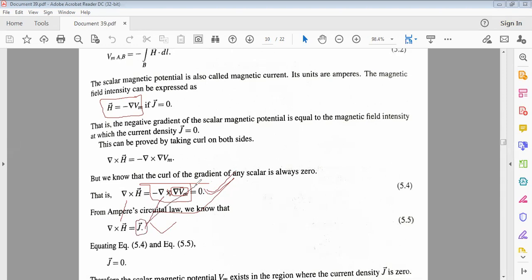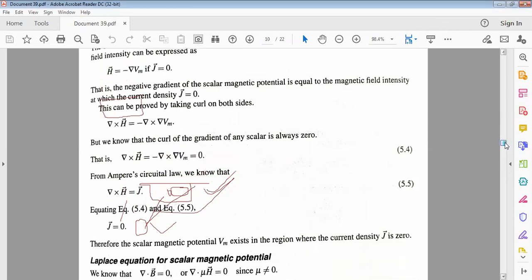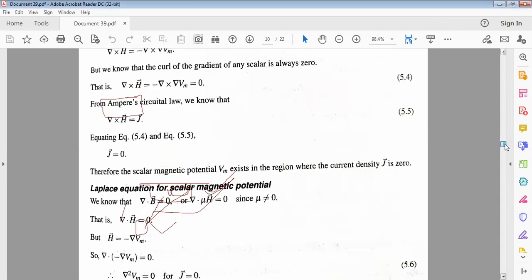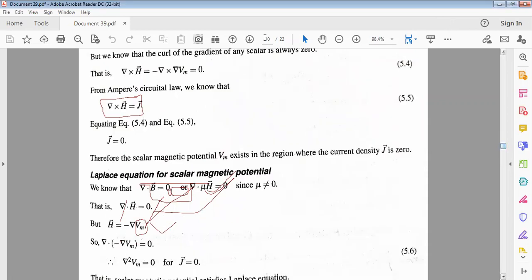From that, J equal to 0, by equating these two equations. Therefore the scalar magnetic potential Vm exists in the region where the current density is 0. That is the justification.